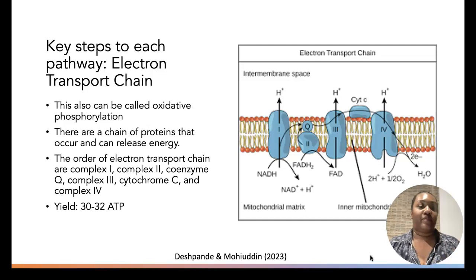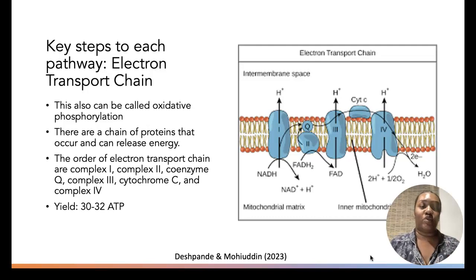There's an order for the electron transport chain in order for it to produce ATP, which is complex 1, complex 2, coenzyme Q, complex 3, cytochrome C, and complex 4. It's a series of steps by which electrons flow to oxygen, permitting a gradual lowering of the energy of electrons.